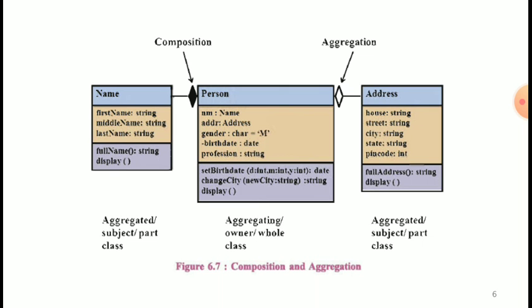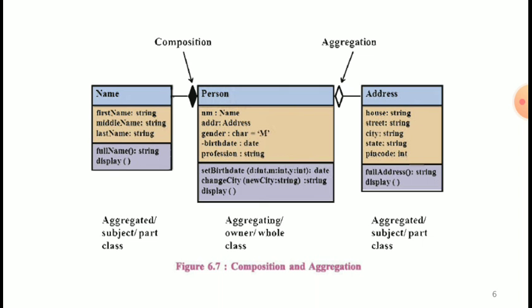6.6. Composition relationships are represented using a filled diamond symbol next to the whole class as shown in figure 6.7. So that is the aggregated sub part class. The middle part is the aggregating owner or whole class, and third is the aggregated subject part class.